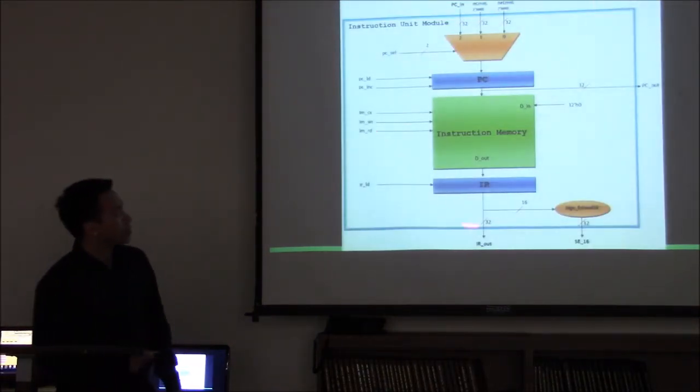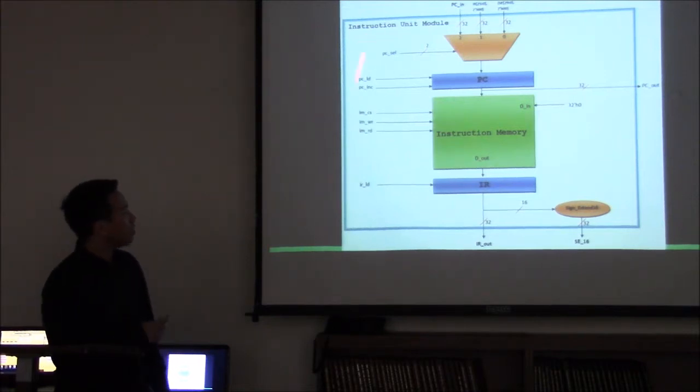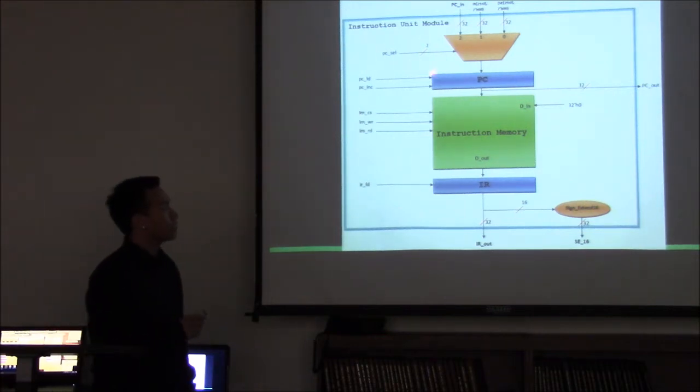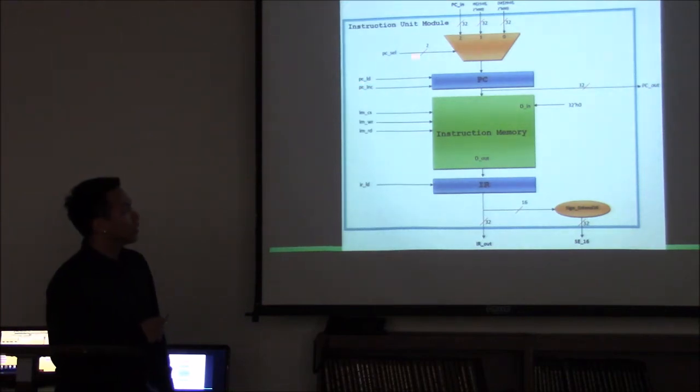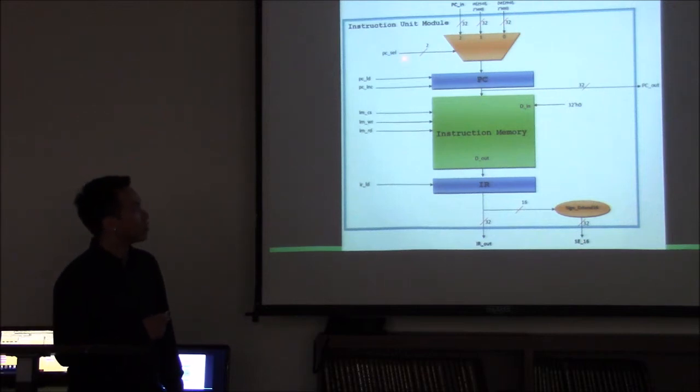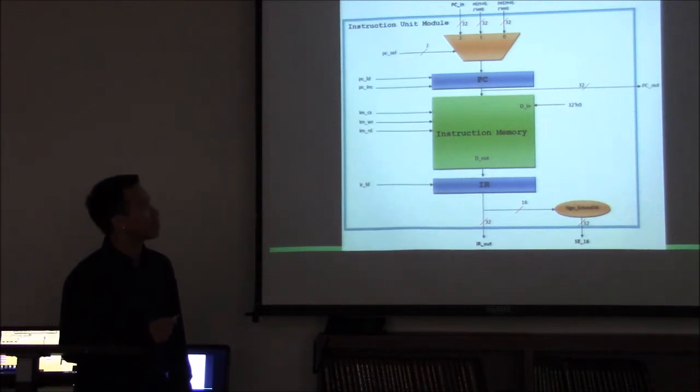This is the instruction unit module. All these bits are controlled in the MCU. The PC select is the line that selects which PC to load if PC load is asserted. If PC select is 0, it would have the branch address. If PC select is 1, it would have the jump address.